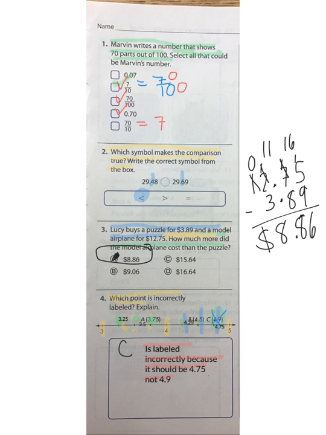Go ahead and label your number line correctly. This line right here should be 3.25. This line right here should be 3.5. Then we have 3.75, which is labeled correctly. Then we have a 4, then 4.25, 4.5, which is labeled correctly, and then this one should be 4.75, not 4.9.